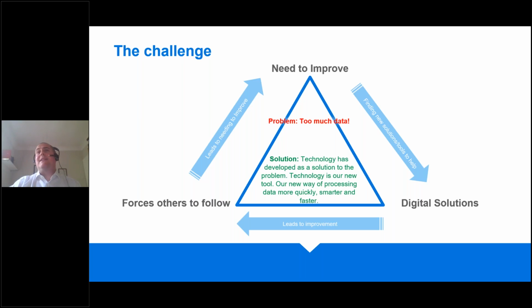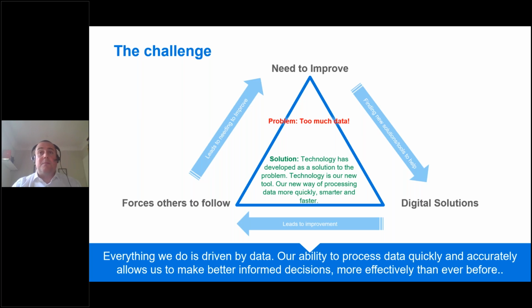And you get to a stage where you then need to improve, and you end up in this loop. So technology allows this because it constantly develops, and there's newer solutions that help people work better. But ultimately, you're still working in a data-driven environment. And this is the same whether it's in energy, whether it's in construction, whether it's in smart cities. Using that data to make better decisions essentially makes you work more effectively.